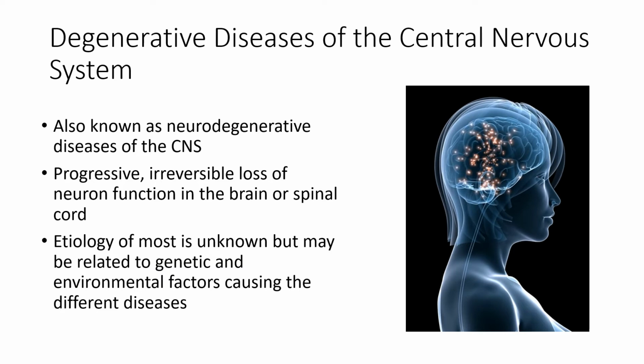Okay, so degenerative diseases of the central nervous system, we call neurodegenerative diseases, right? So the nerves are degenerating. And these are progressive. They're not reversible. They just gradually get worse and worse as time goes on. And for many of them we don't know the exact cause. Some of them have genetic components, and some of them have environmental causes. And we'll come to that as we talk about each one.